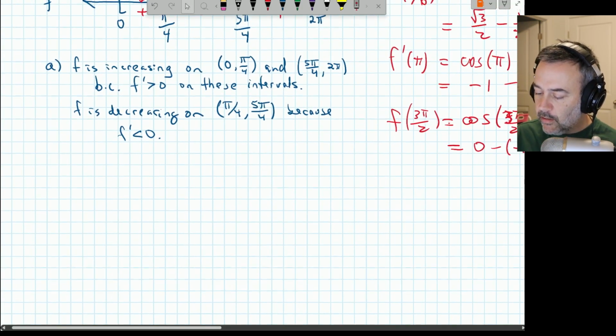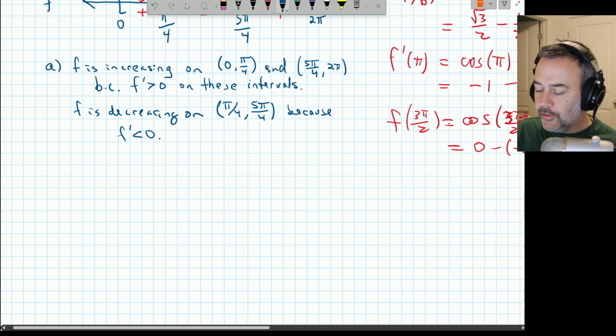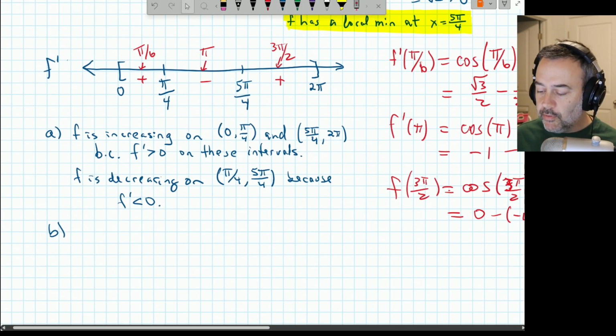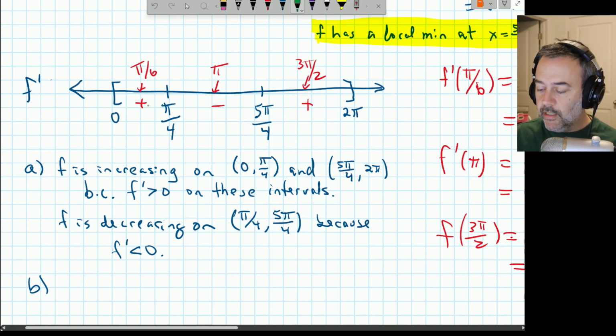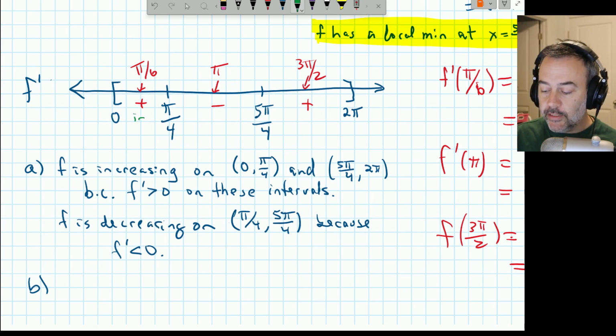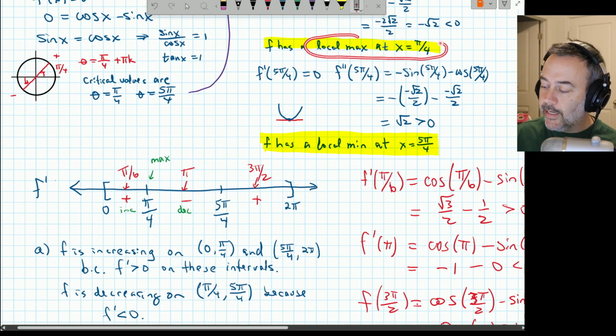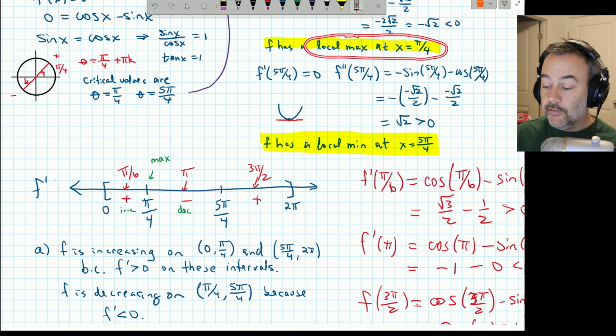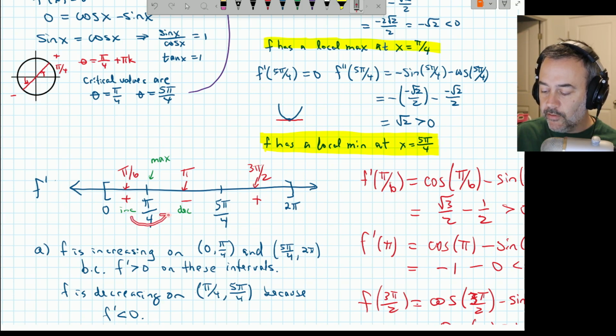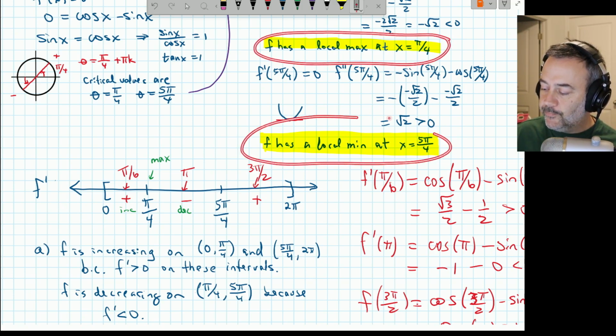Doesn't matter. Okay. Now, notice we actually could answer part B again because we have our number line, and since f switches from increasing to decreasing, this is a max. Remember earlier we found that f has a local max at pi over 4. Now the first derivative test checks whether the first derivative switches signs. This was the second derivative test up here.